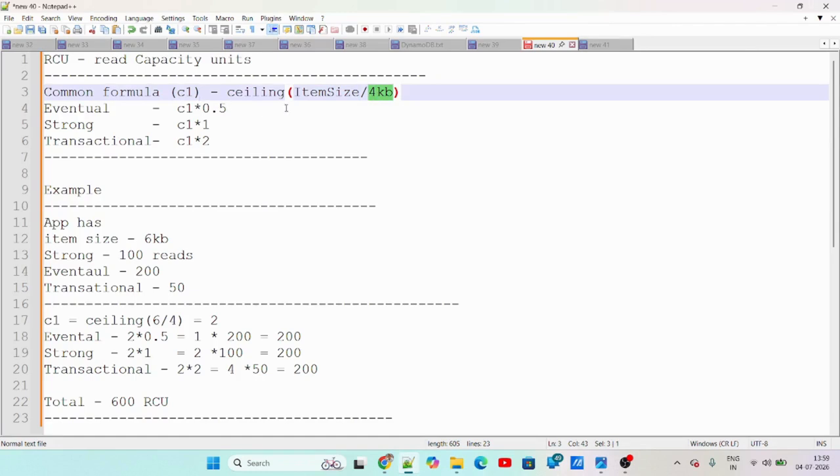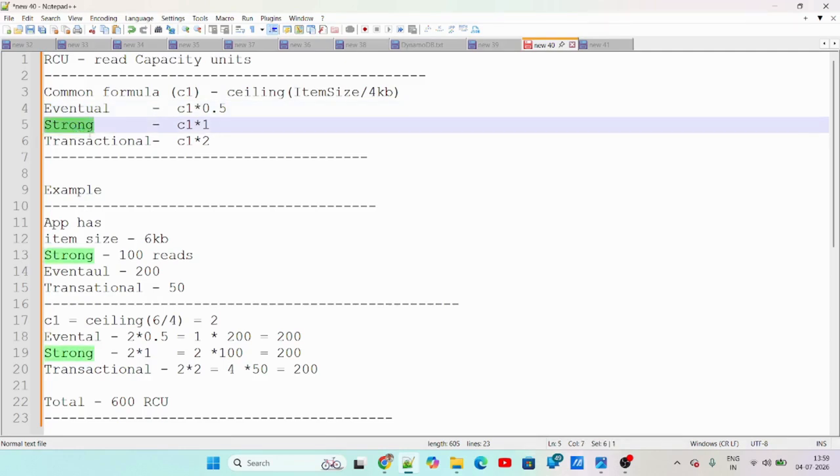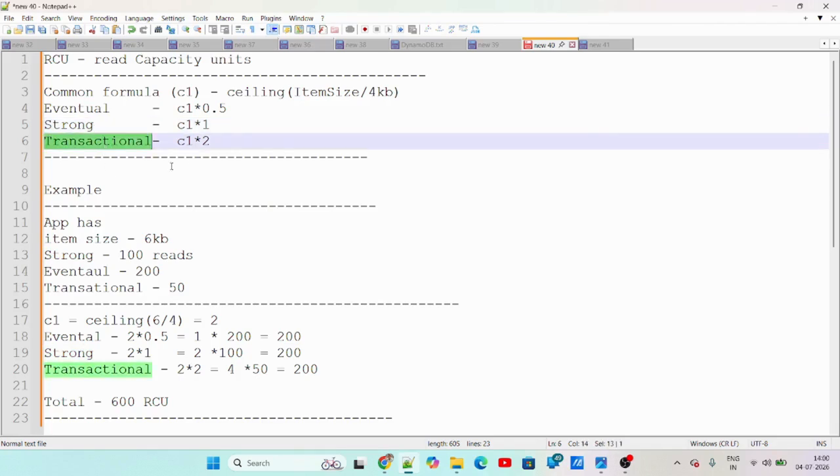So this is the common formula, let's call it C1, and then for the consistency type you apply a multiplier. In the case of eventual consistency, we can expect stale data. In the case of strongly consistent, we will receive the consistent data. And transactional will follow all the ACID properties.